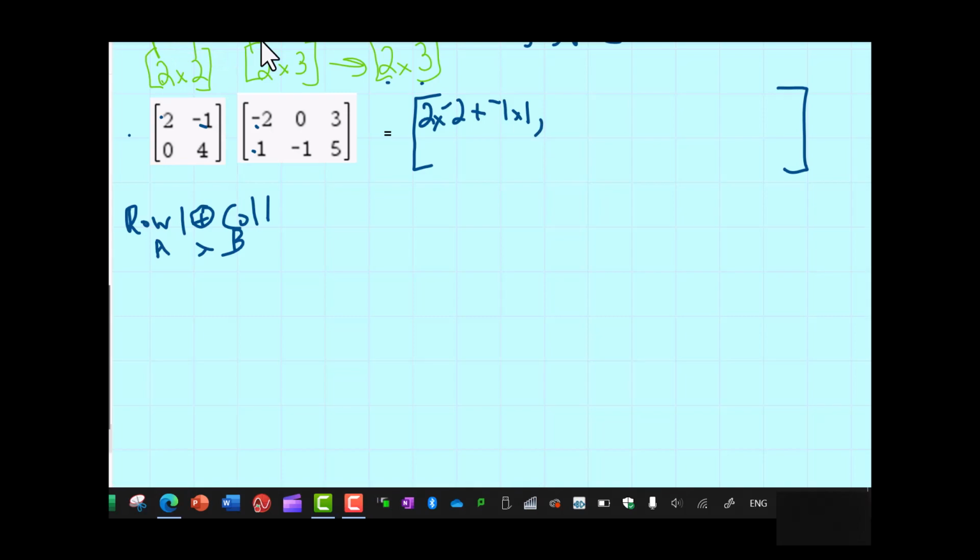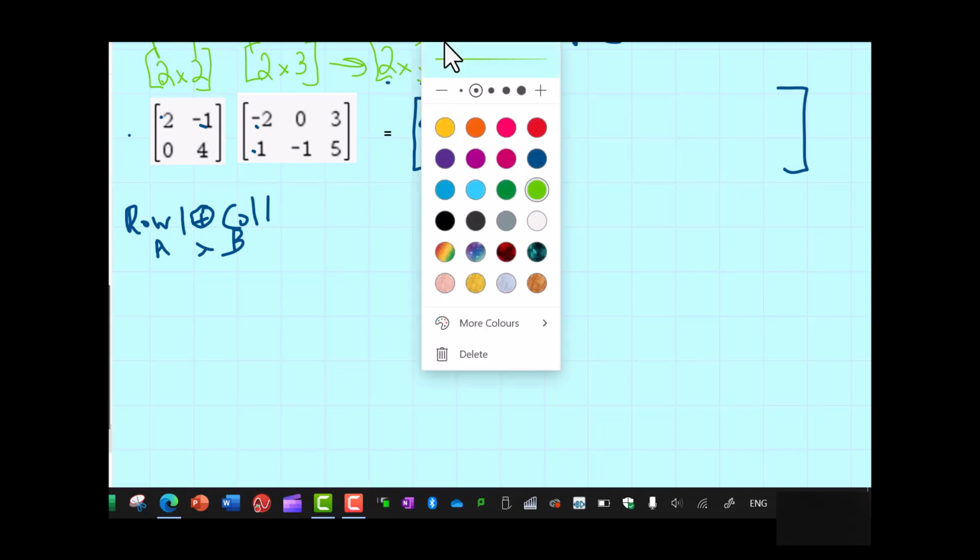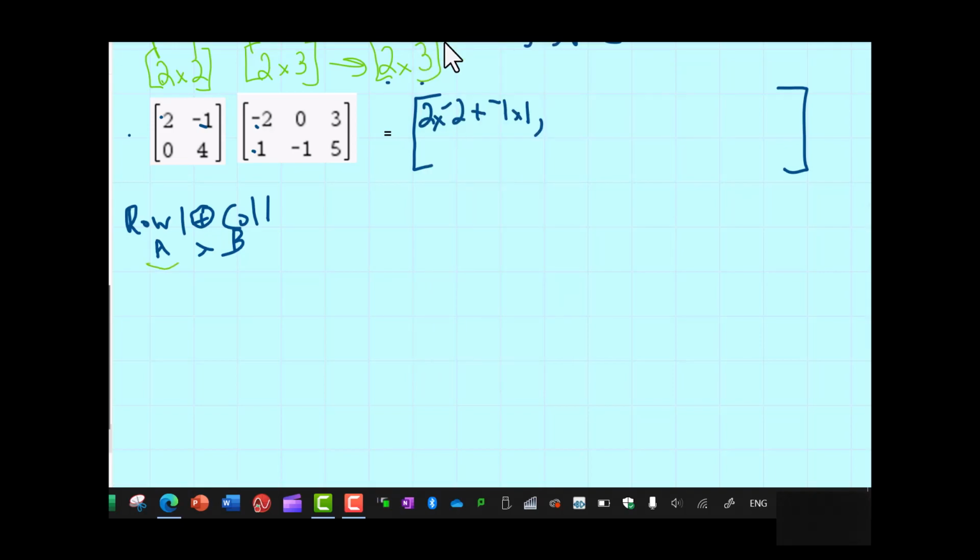What we need to know is that we have a 1 and a 1 down the bottom here, and that puts the result in position 1, 1.